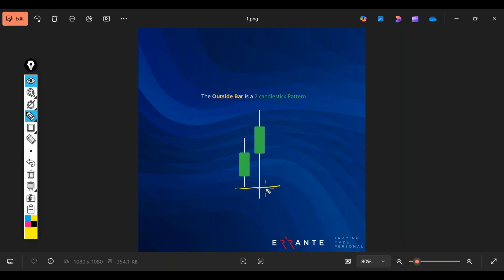See, this wick has passed the low of the previous candle. So in the outside bar pattern, you can take your retracement entries and move towards the upside in the retracement, and you have this liquidity grabbing as well.